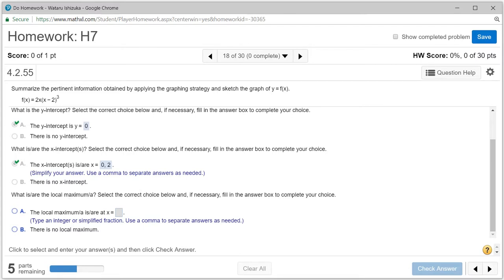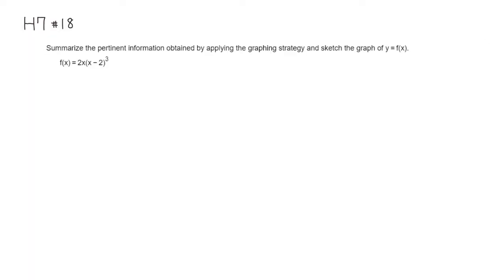The next one: what is the local maximum or local minimum? Let's find out. We're going to take the derivative. First derivative: f prime of x is equal to, I'm going to leave this 2 alone, since it's just a constant multiple.